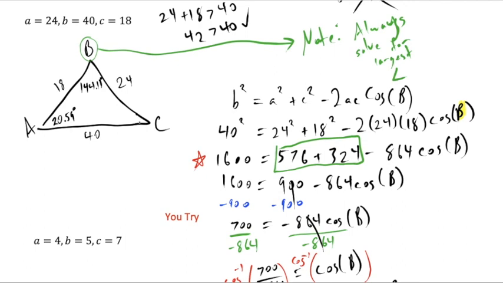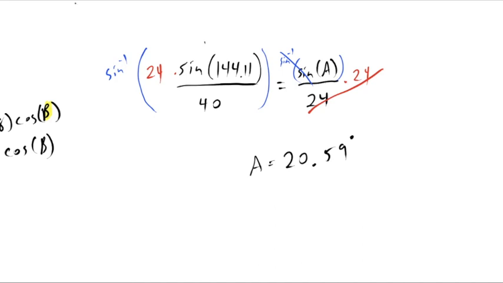So I now know that angle A is 20.59 degrees. I just need to find angle C, and to find angle C, I could do the law of sine again. I could do the law of cosine if I really wanted to, but the interior sum of any triangle is 180 degrees. So I'm going to use that fact to solve. We have angle A, which was 20.59 degrees. We know angle B was 144.11 degrees.